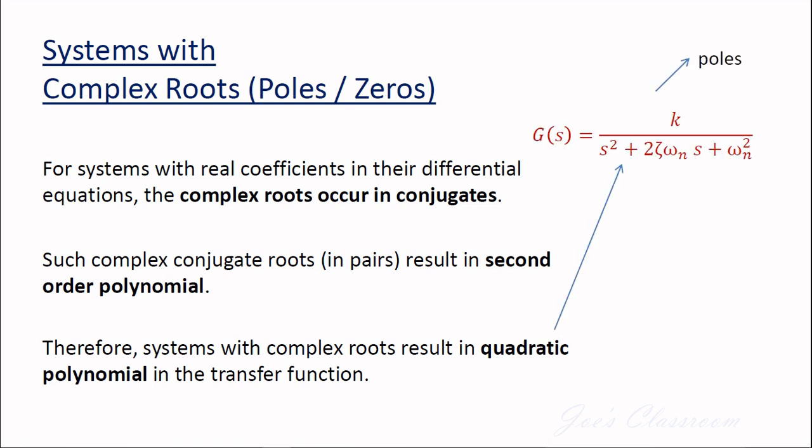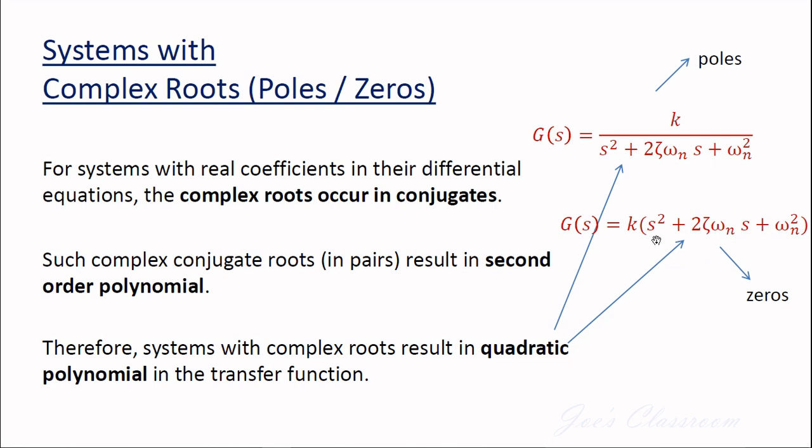When I say the quadratic polynomial, this is going to be the structure. If the quadratic polynomial appears in the denominator, the roots are actually poles. And if the quadratic polynomial occurs in the numerator, that is going to result in zeros.